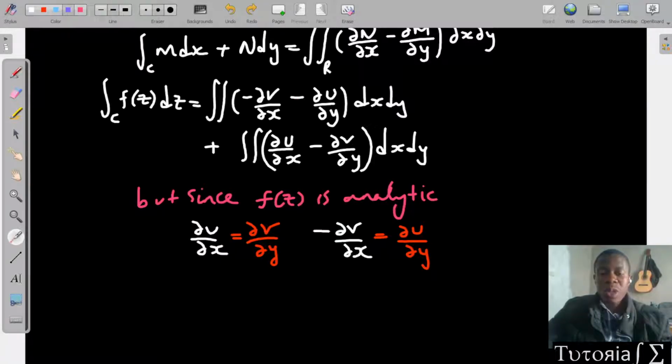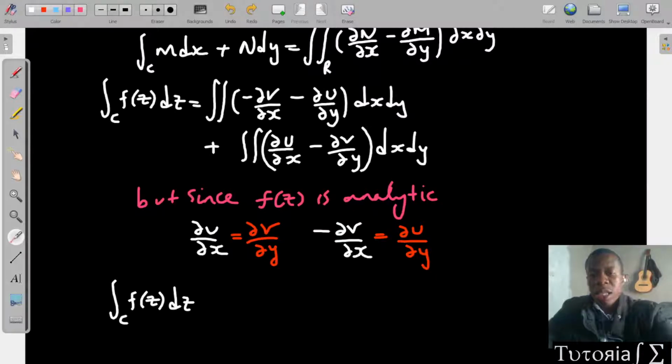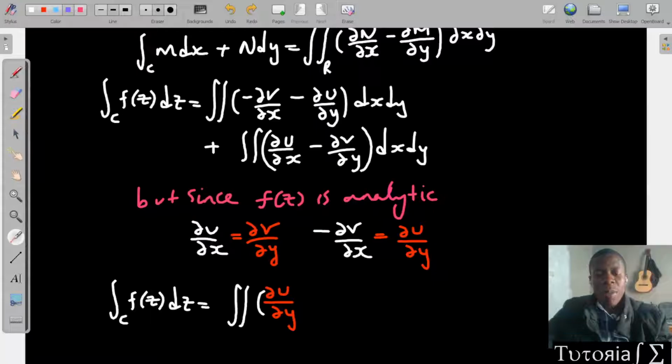Whichever way you choose, you will see that this now will become negative dv/dx equal to du/dy. Then here we have minus du/dy dx dy, okay?